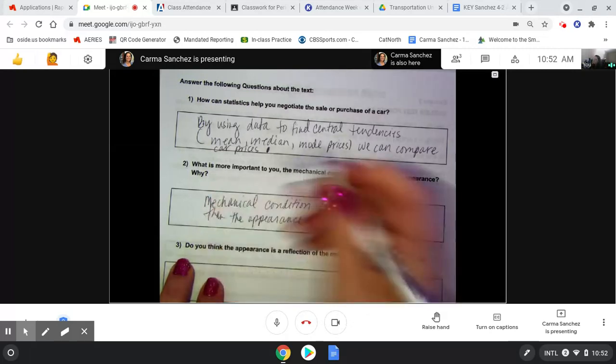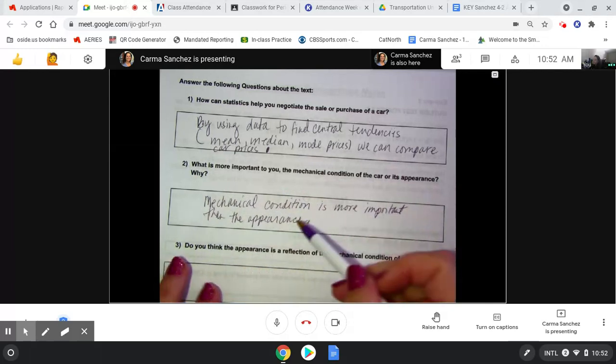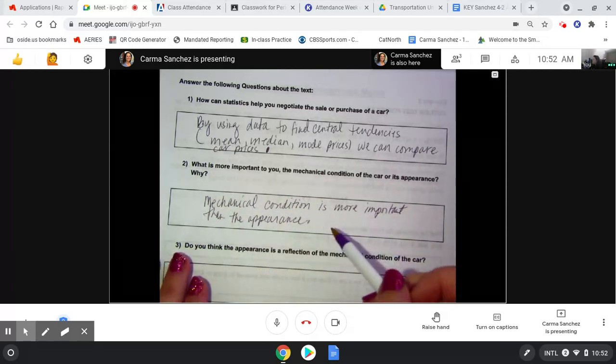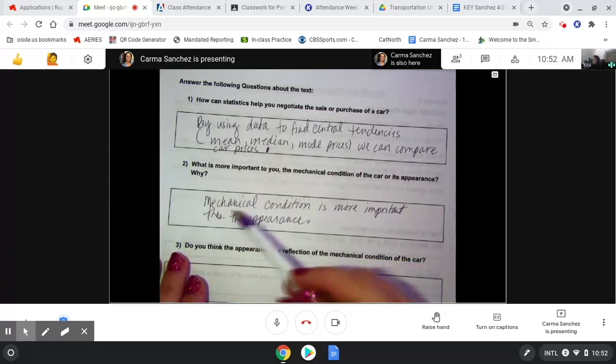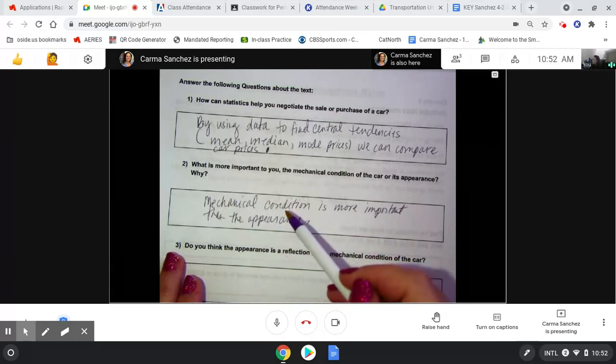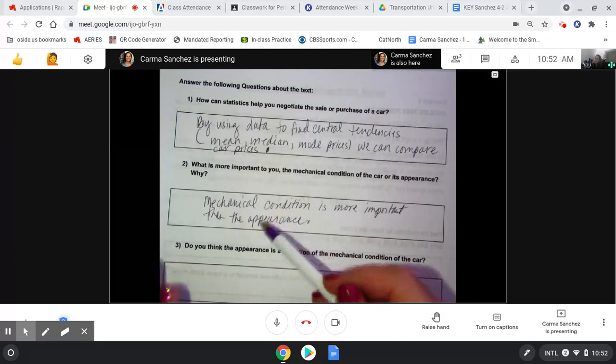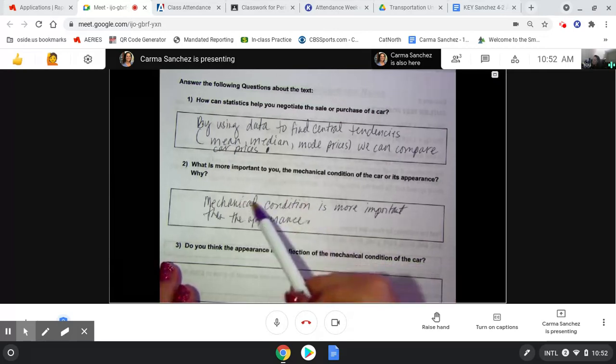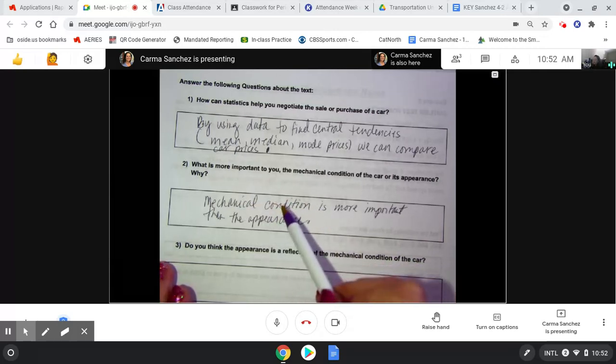For example, you find two Honda Civics that you're interested in. One has a better mechanical condition, there are fewer problems with it, but the other one is your favorite color, black, and you really wanted a black car. Well, guess what? You don't go for your favorite color car over and above the mechanical condition. It's more important that the car runs than that it's your favorite color or that everything is perfect in its appearance.